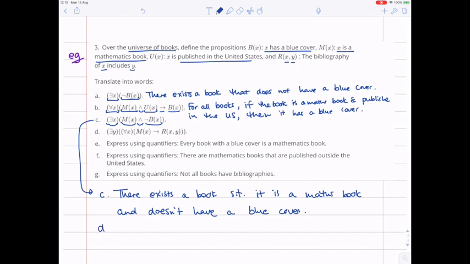All right, and now let's have a look at D. So here we've got, there exists a book such that for all books in the universe, if X is a maths book, then the bibliography of X includes Y.